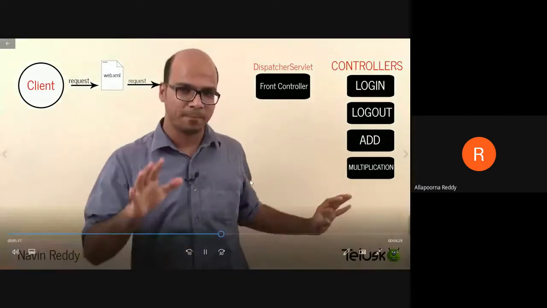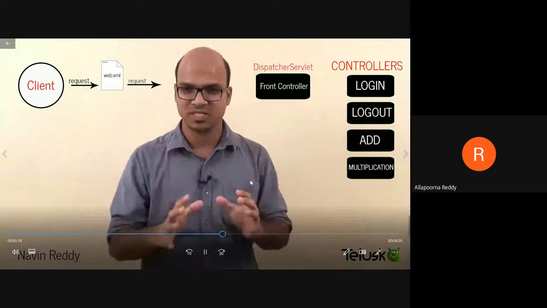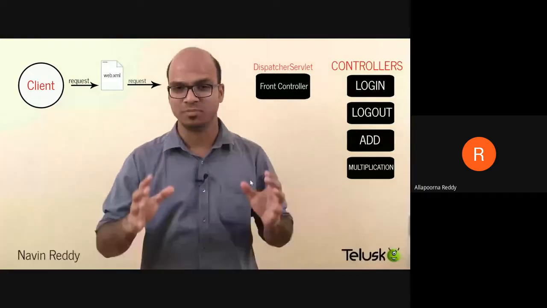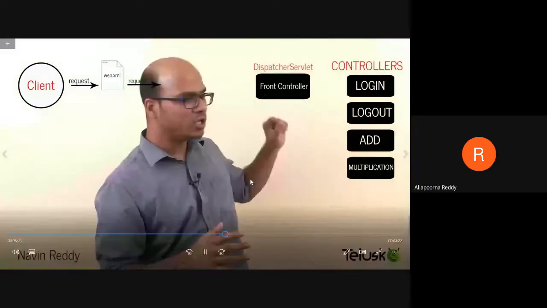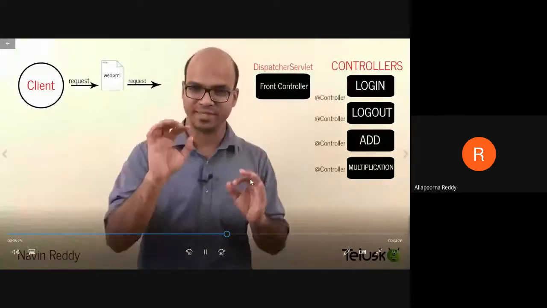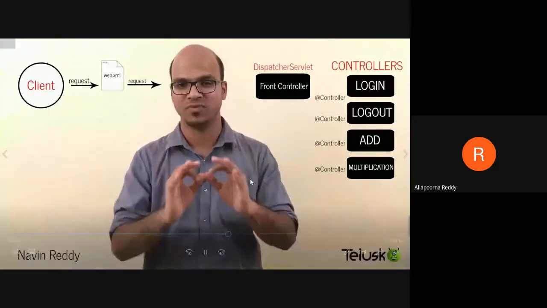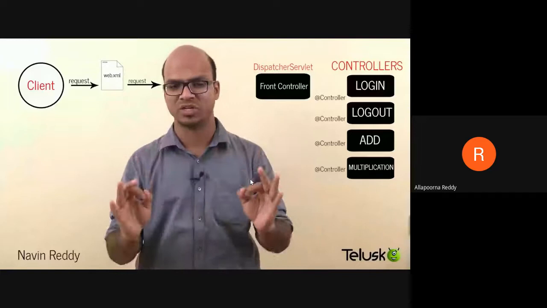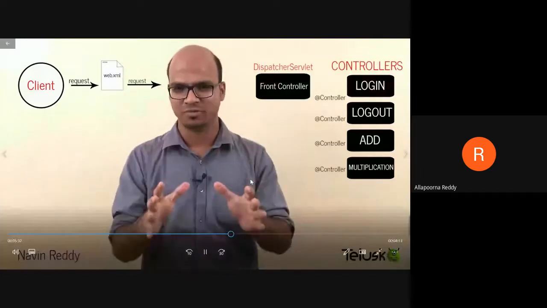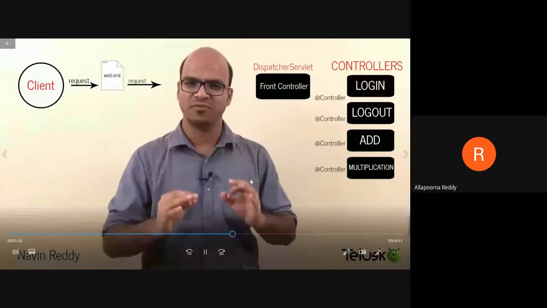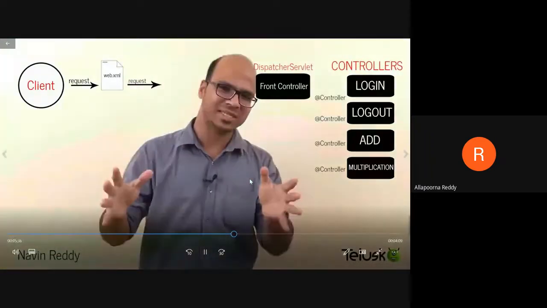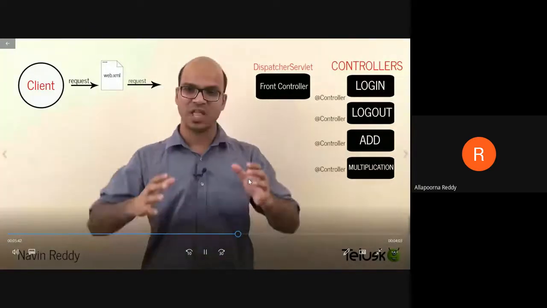But Spring MVC provides something called annotations. So all your controllers should be annotated with the help of the Controller annotation. You have to use a Controller annotation, and that's it. With that Controller annotation, every controller will have some mapping. Again, we will see that when we do the programming or the practical implementation. But every controller will have a mapping.